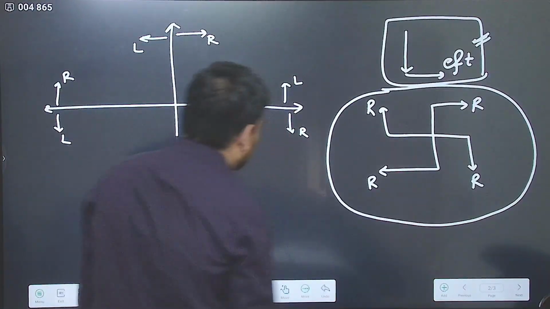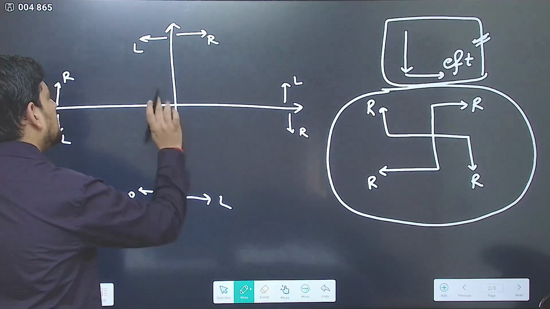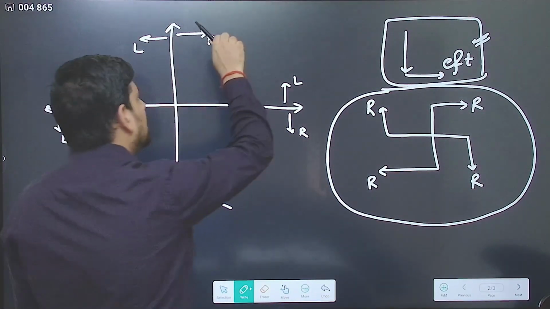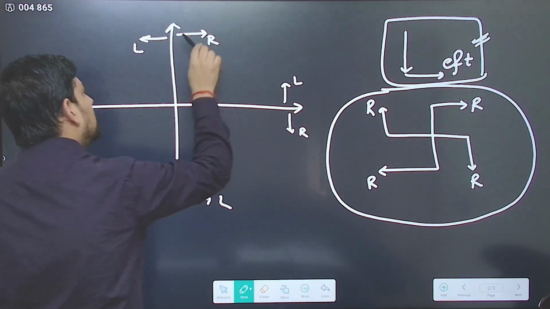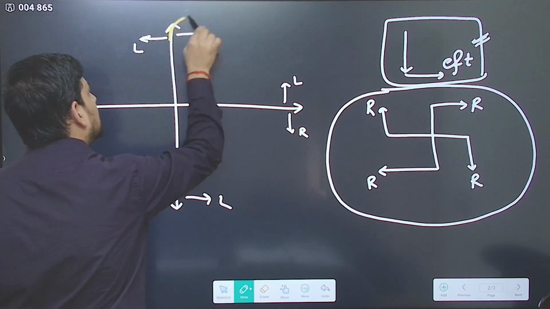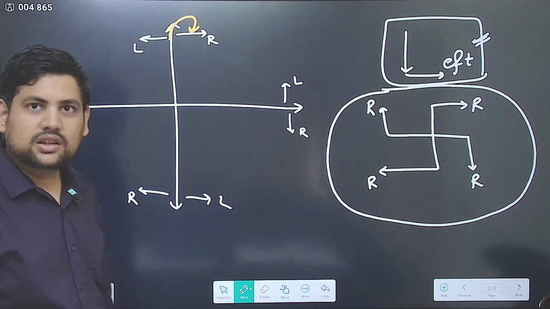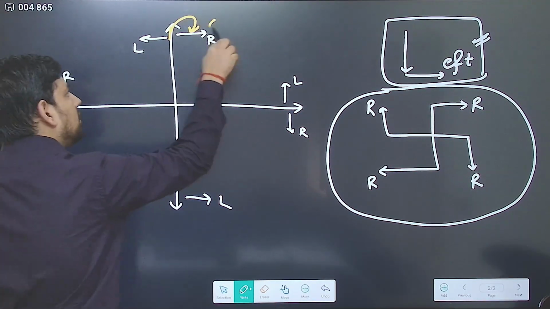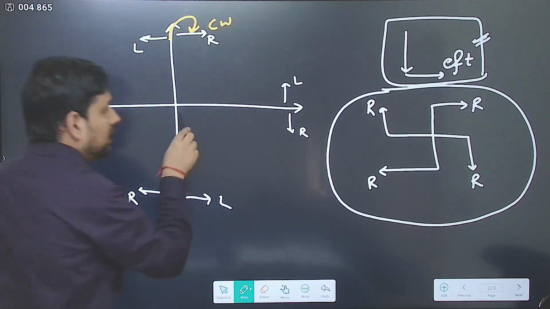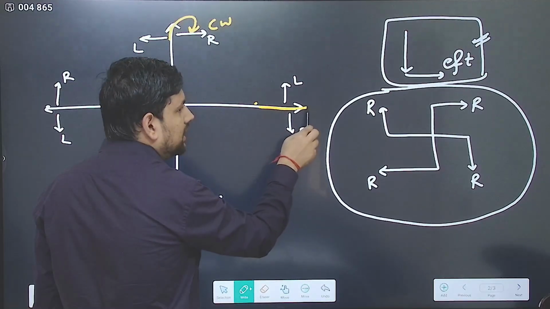Now see this. If a person is going north like this, then he turns right. Can you see, from going in this direction he turns in this direction. What is this angle? This is going clockwise. Similarly, this person is going in this direction, then he turns right.